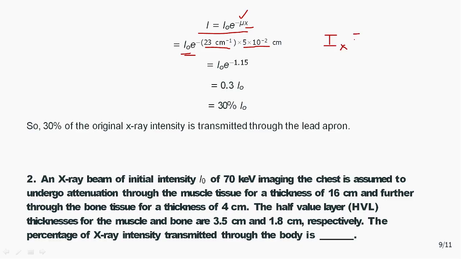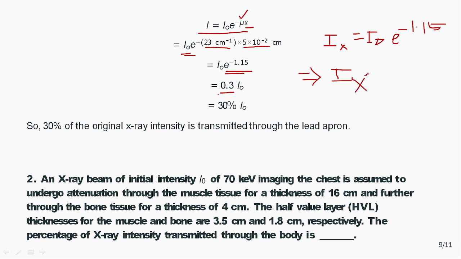Ix equals I naught into e to the power minus 1.15. So we can easily calculate the percentage. When you calculate e to the power minus 1.15, it equals 0.3.